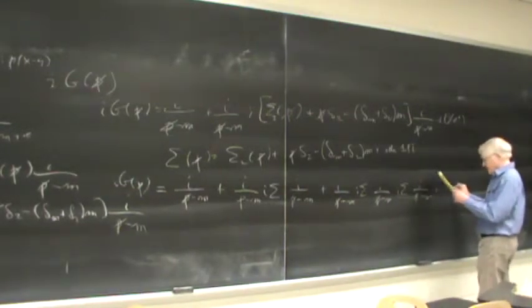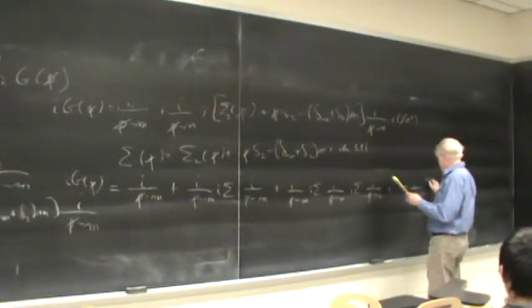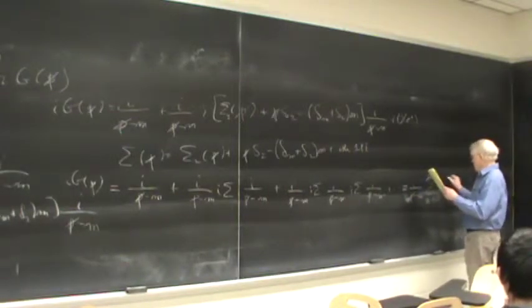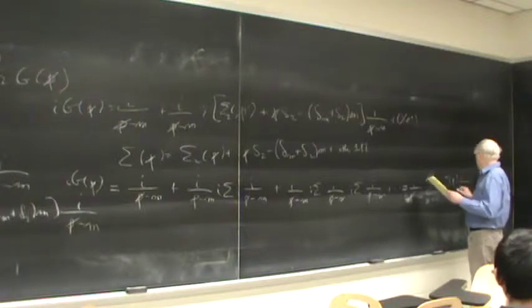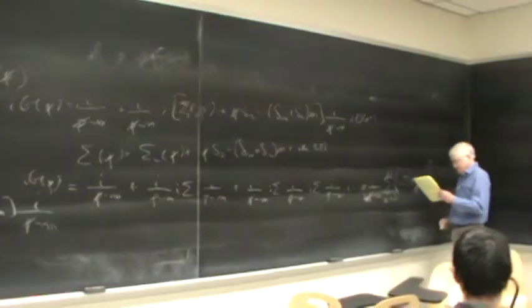And we can rewrite that as i over p-slash minus m, sum n equals 0 to infinity, of i sigma of p-slash, i over p-slash minus m, raised to the nth power.